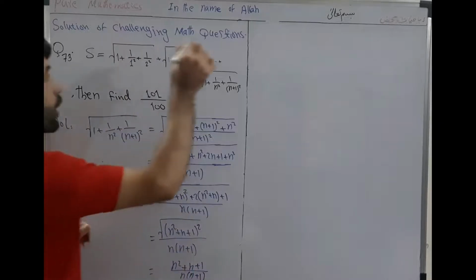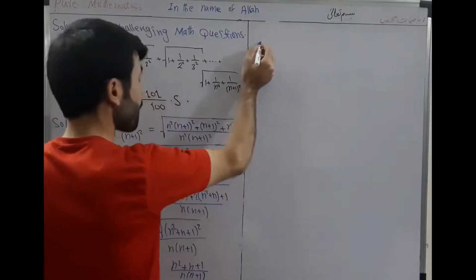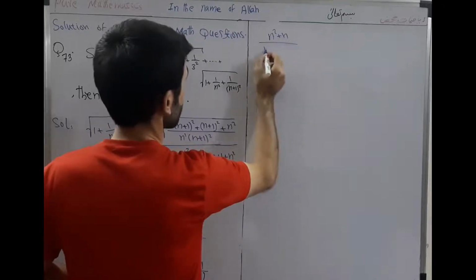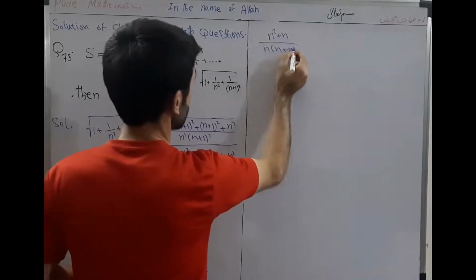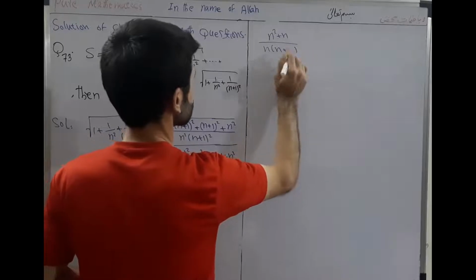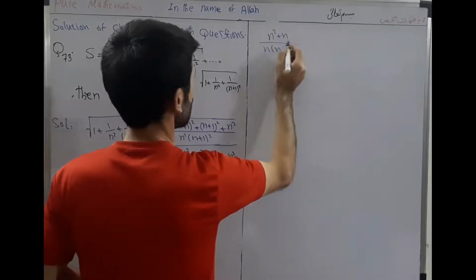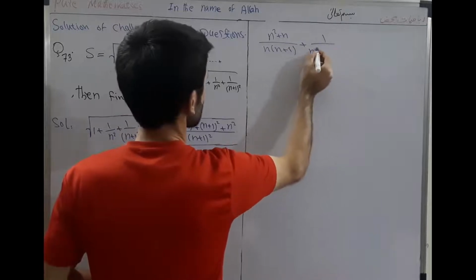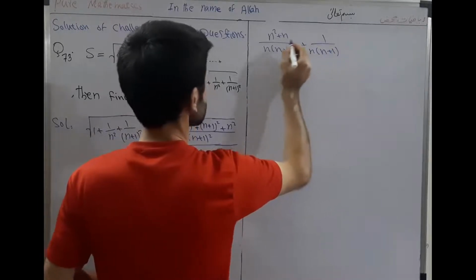Now we write separately n square plus n over n into n plus 1 plus 1 over n into n plus 1.